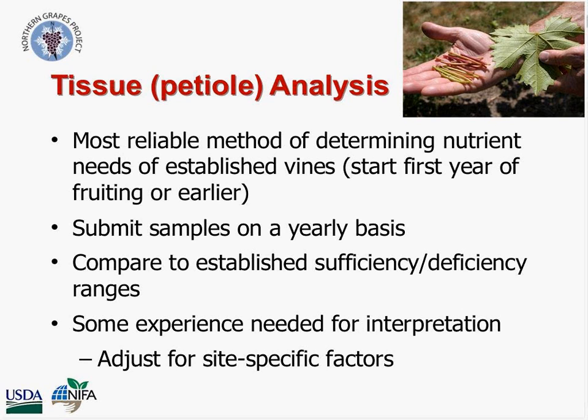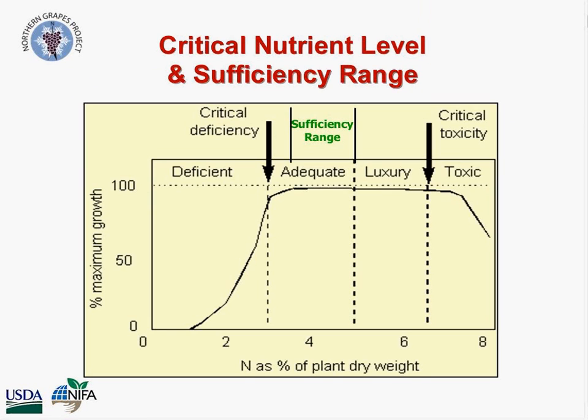Okay, so we talk about critical ranges of nutrient level sufficiency ranges, and this is just an example that we have. We start with deficiency, then we go into the adequate range. If we get too much, we go into luxury, and if we're really over at the top, we get into toxicity.